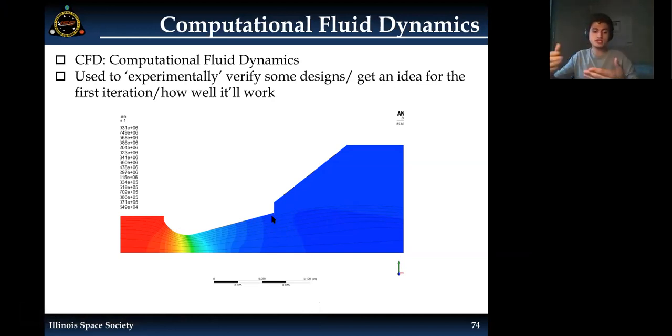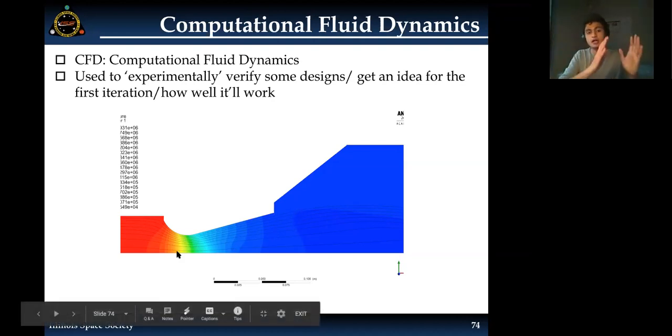What we've done is set up the nozzle such that this area is the combustion chamber. This area is atmospheric, and this is the nozzle. And then we're trying to model how the pressure changes from the combustion chamber to the exit.